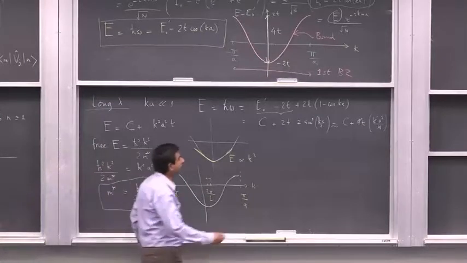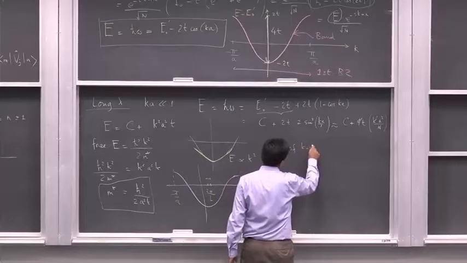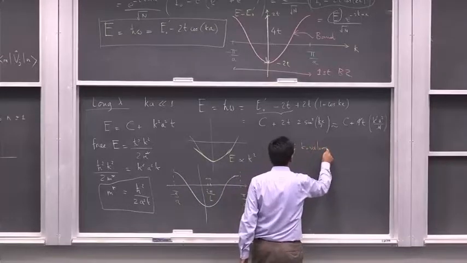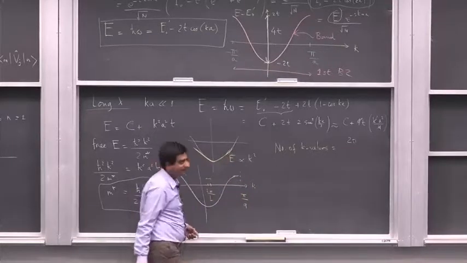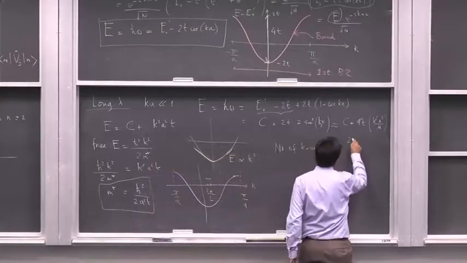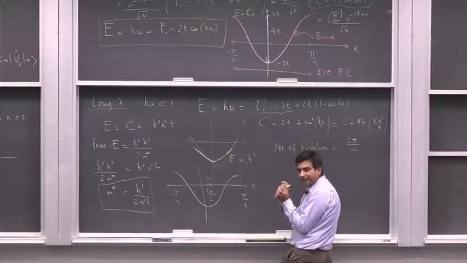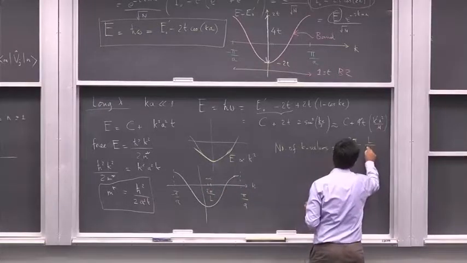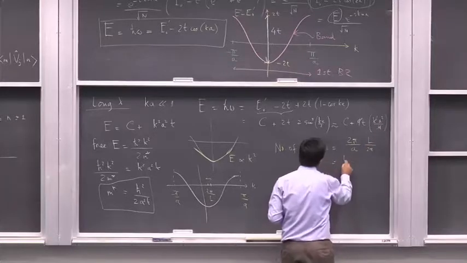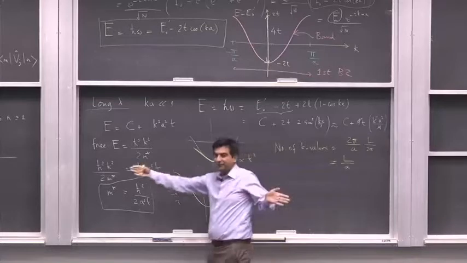So the number of k values inside the band is, this total length is 2 pi over a, divided by the width of each k value, which is 2 pi over L. This is L over a, where L is the length of the chain.